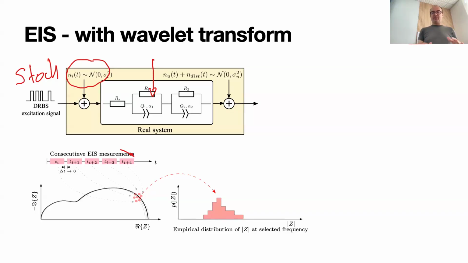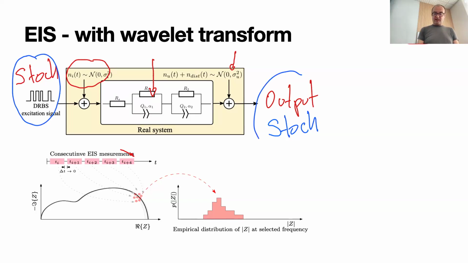This doesn't mean that the values of, I don't know, capacitors or resistors change dramatically. They are quite narrow. The values are really close, but we can allow for them to vary just a little. And then at the output, we have our measurement noise and output signal. This output signal is then also stochastic.